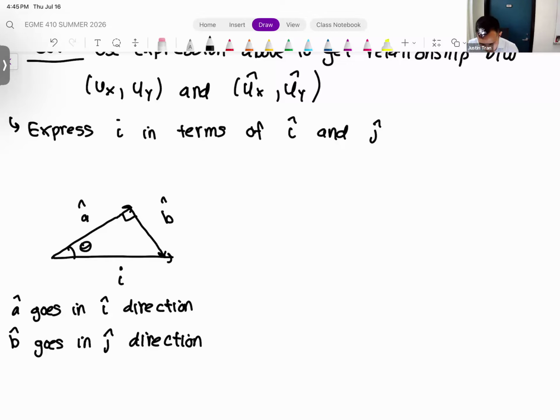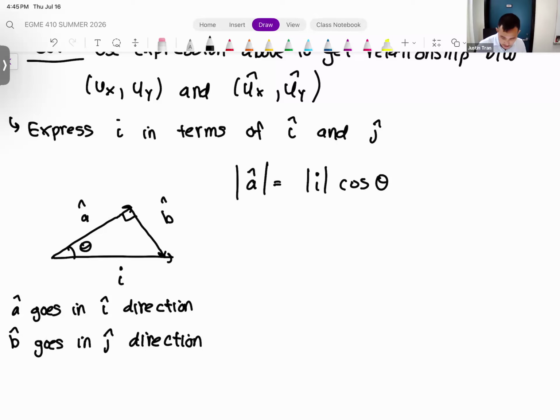Okay. So for instance, we know that the length of A hat is equal to the length of I, which is the hypotenuse, multiplied by cosine of the angle theta. That's just trigonometry there.